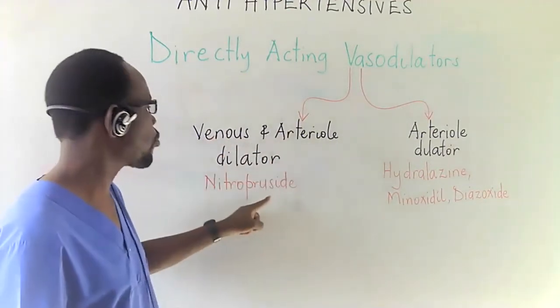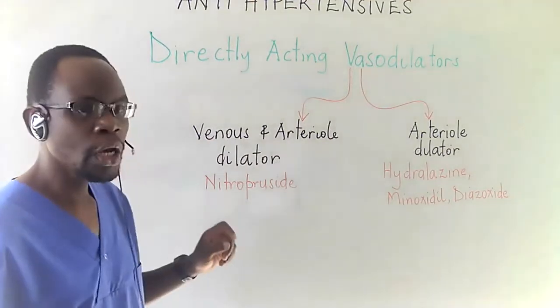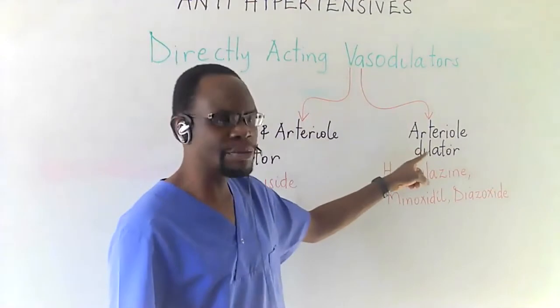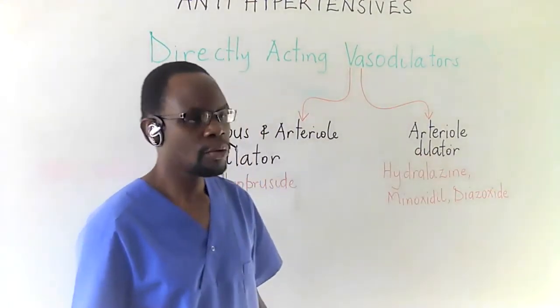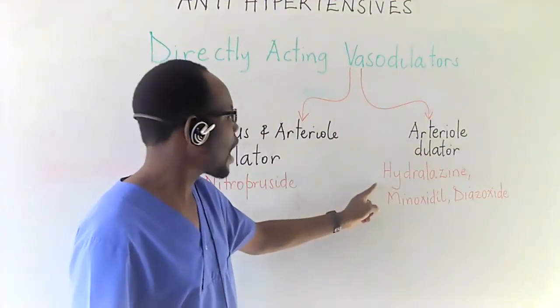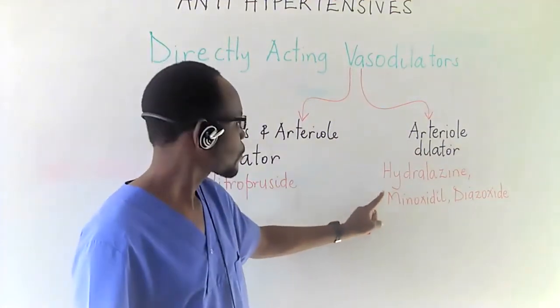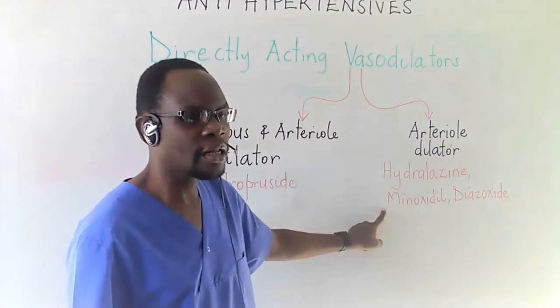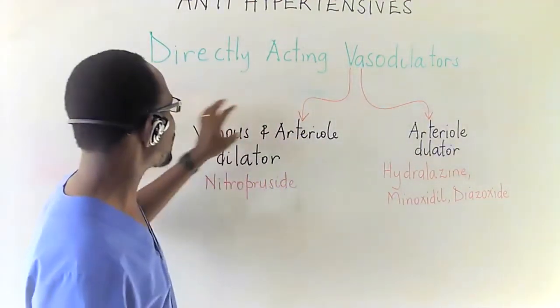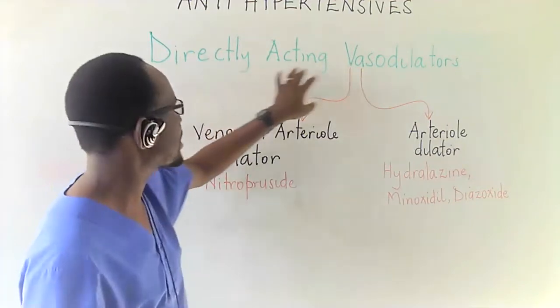On the other hand, we have strictly arterial dilators, and the examples we have are hydralazine, minoxidil, and diazoxide. So these are examples of directly acting vasodilators.